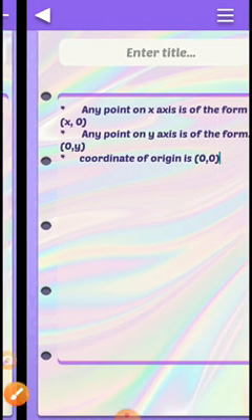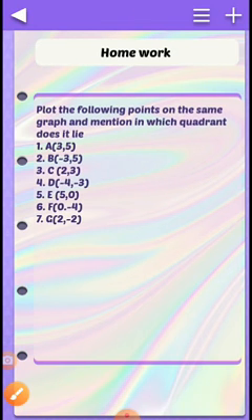Okay. Then this is the homework I have given on your graph paper, on the same graph paper. Or if you don't have it, plot the points in your notebook itself. On the same graph paper, you have to plot the 7 points and mention in which quadrant they are.